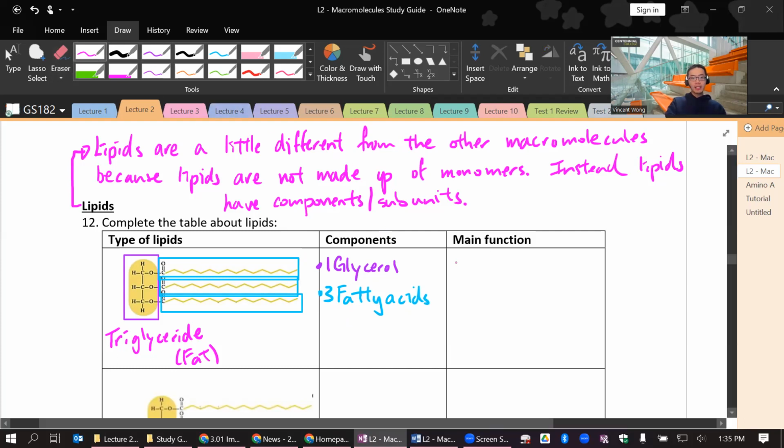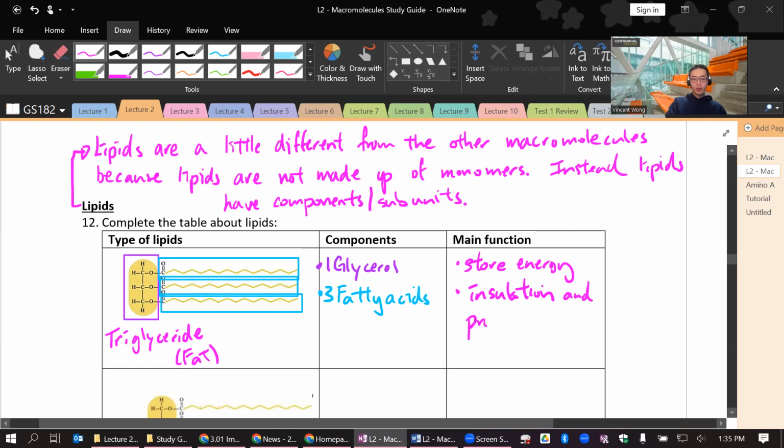What's the function of fat? Fat is actually very useful for storing energy as well, and providing insulation. So we store energy as glycogen, but fat is for long-term storage. And someone said it's good for insulation, right?